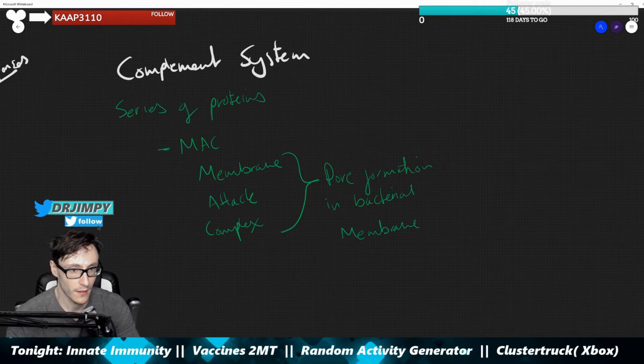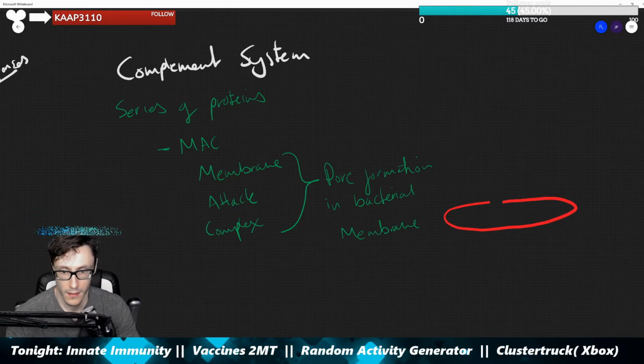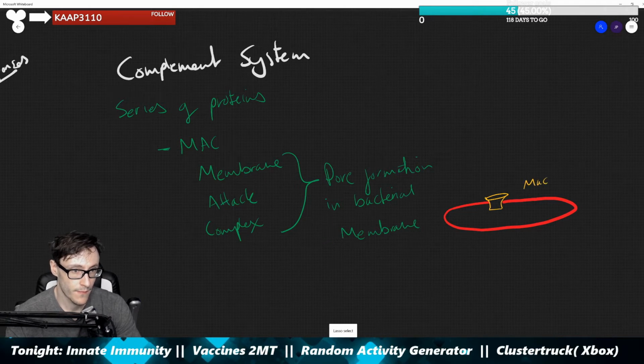So if you've got your bacteria here, your MAC looks like this. So this is your MAC. It's a hole that's been punched in your bacteria.